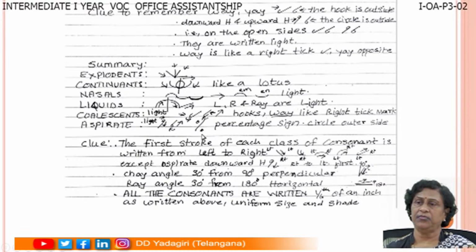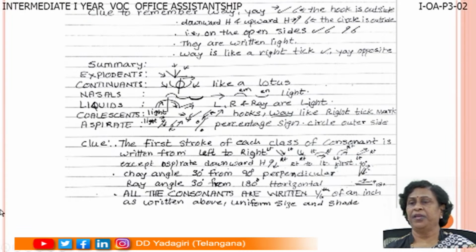From this bottom circle, if you're going up, it is upward edge. The circle is again on the outer side, not on the inner side. So these are the small clues for you all to remember. Explodants, continuants, nasals, liquids, coalescence, and the aspirate, the sixth classification of the consonants. By this, we come to an end of all the 26 consonants. Aren't they easy?